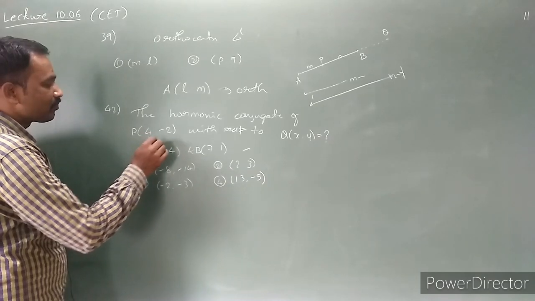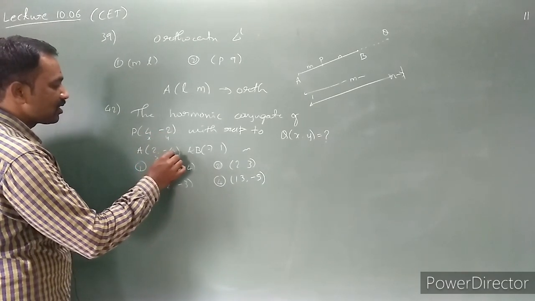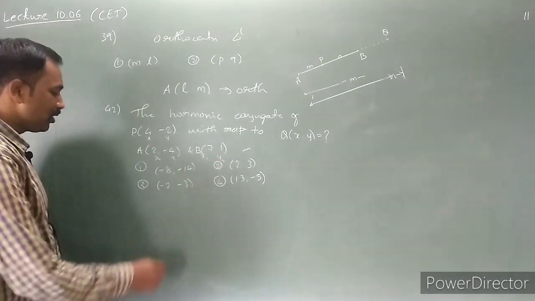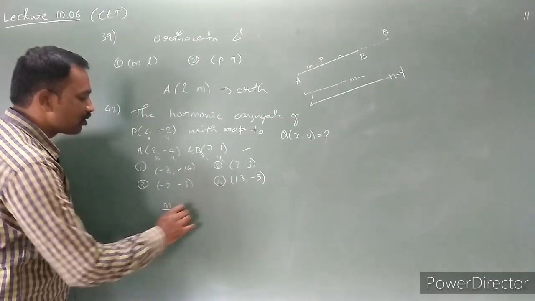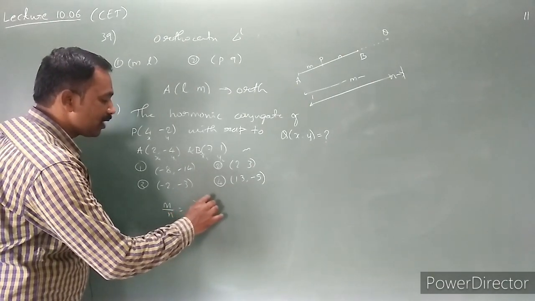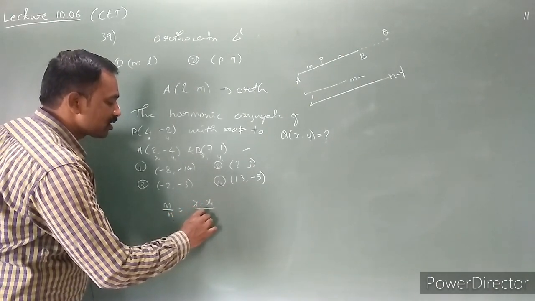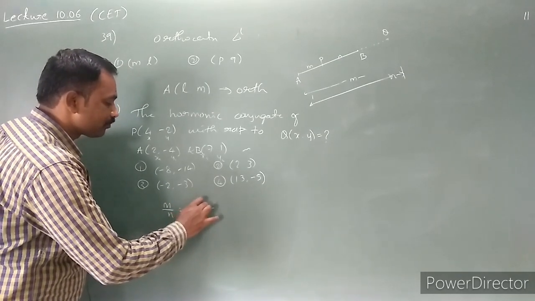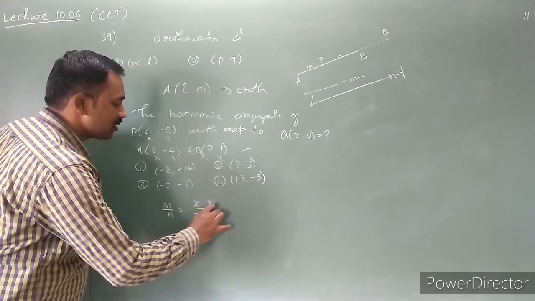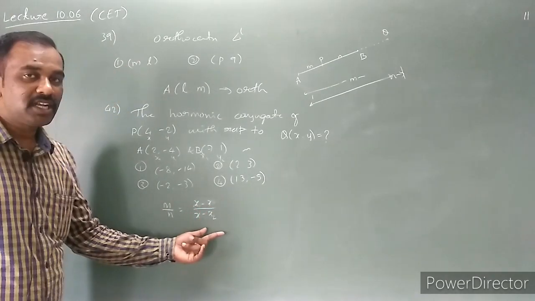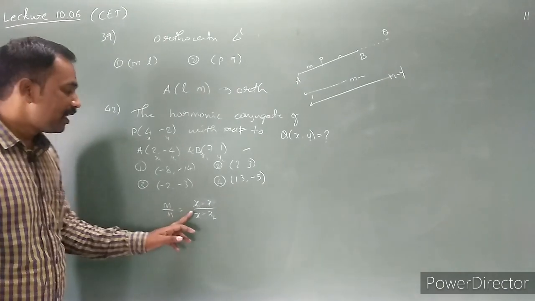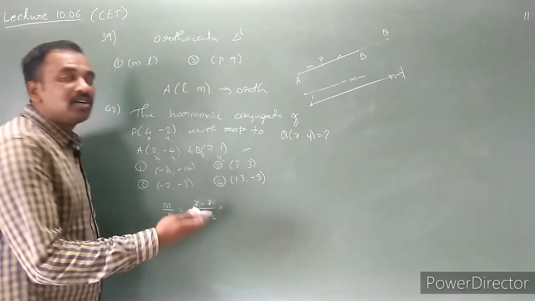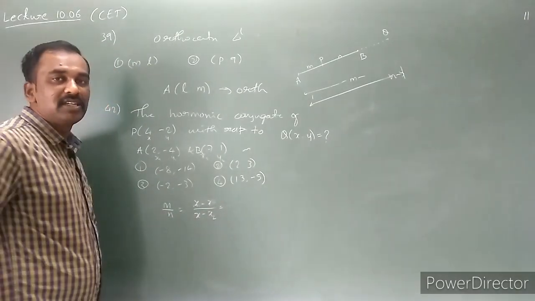This point is called x comma y and the others are x1 comma y1, x2 comma y2. To find the ratio m is to n, we know the formula: x1 minus x is to x minus x2, or else y1 minus y is to y minus y2.